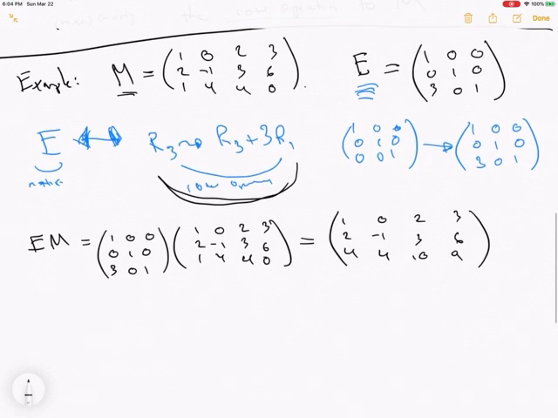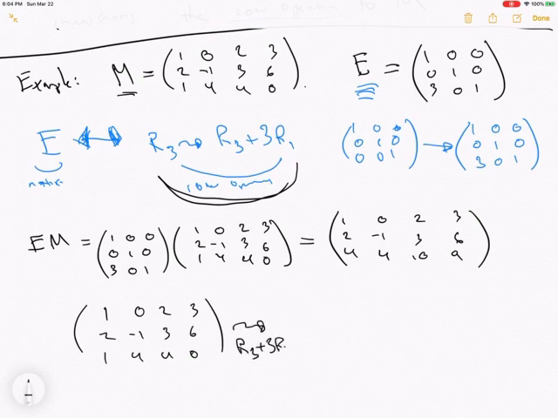So that's what you get, and of course, similarly, we'll see that we get the same thing if we just take matrix M and apply the row operation. So if we take the matrix M, and let's do this operation, row 3 plus 3 times row 1, so we're leaving the first row alone, we're leaving the second row alone, and already you can see that this matrix so far is the same as the matrix there.